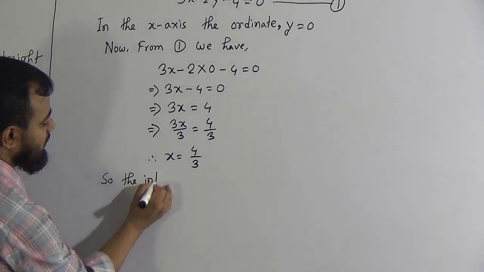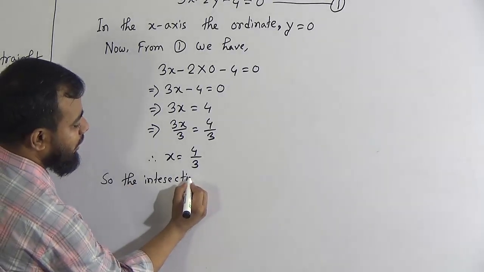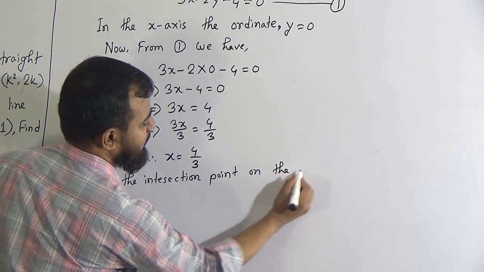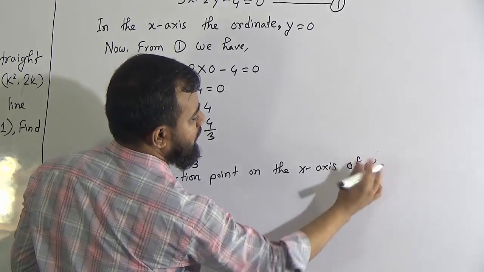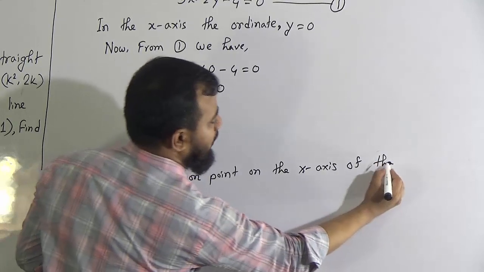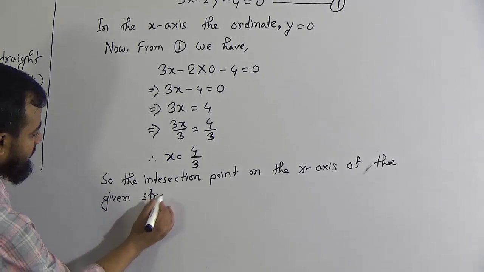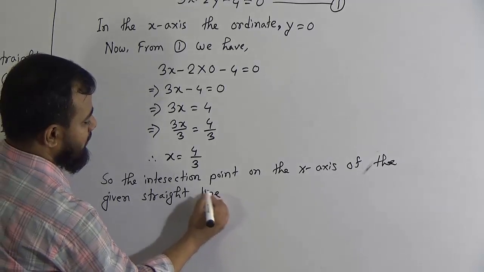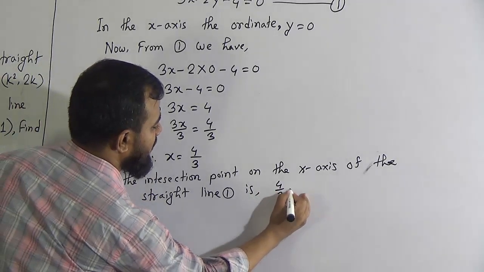So the intersection point on the x-axis of the given straight line 1 is 4 over 3 comma 0.